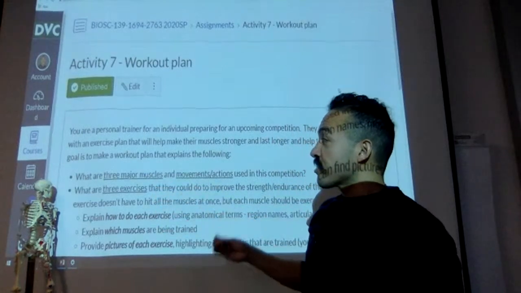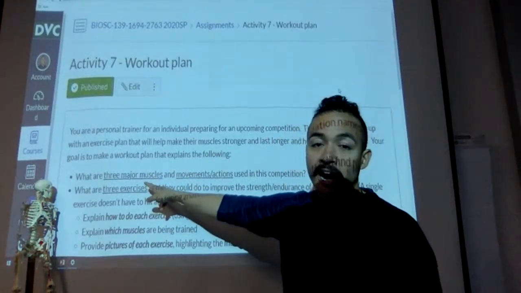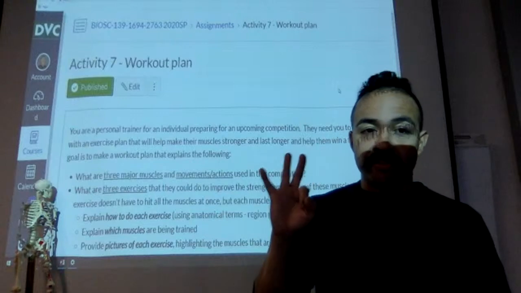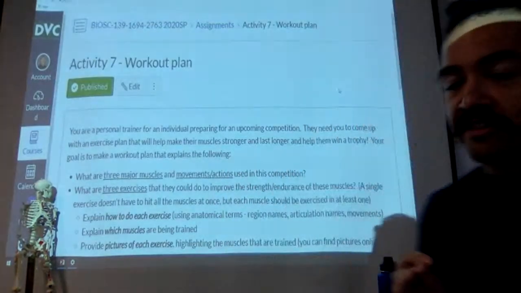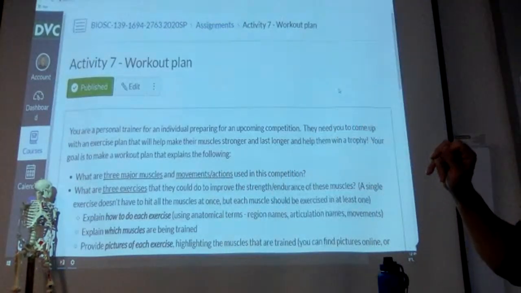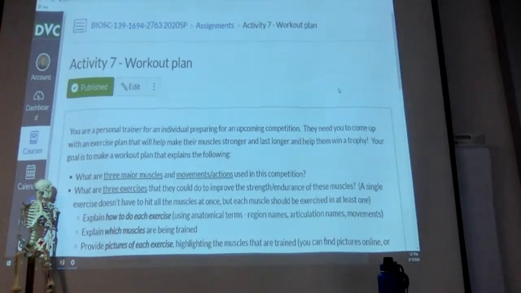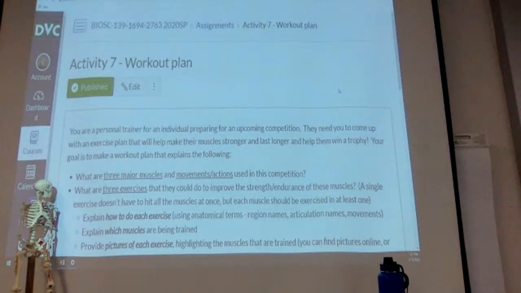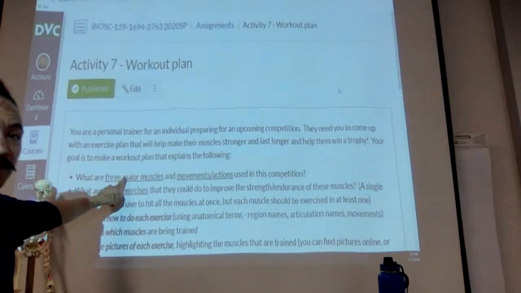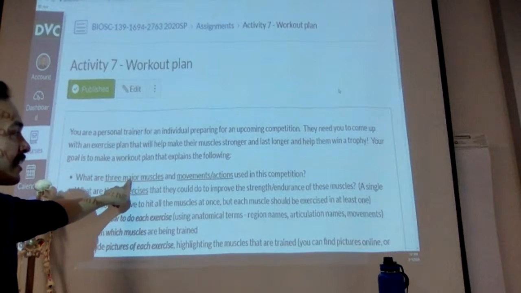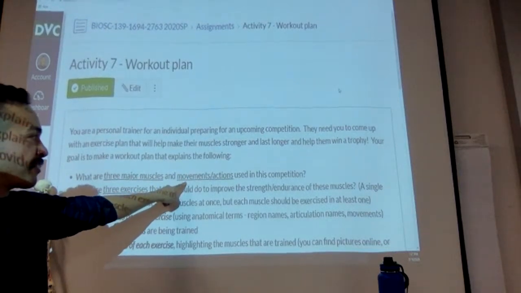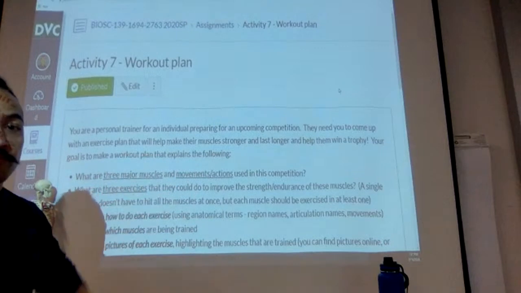What should you consider? I want you to cover at least 3 major muscles that we've discussed, and the movements and actions that are done with those particular muscles. Choose at least 3 muscles to use in your plan, and the corresponding movements and actions.